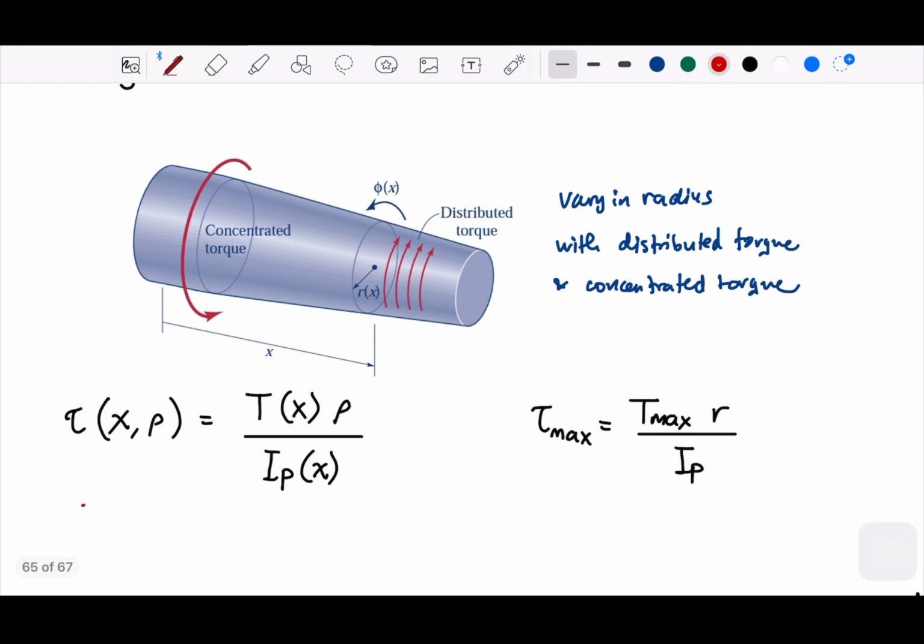So this is for the torsion. This is the max shear stress.